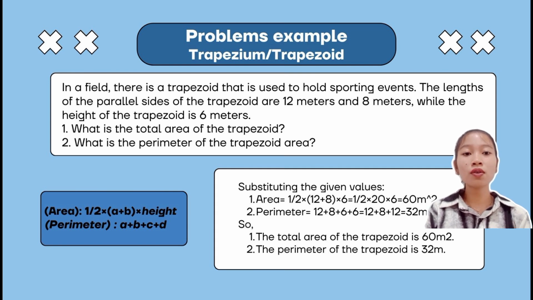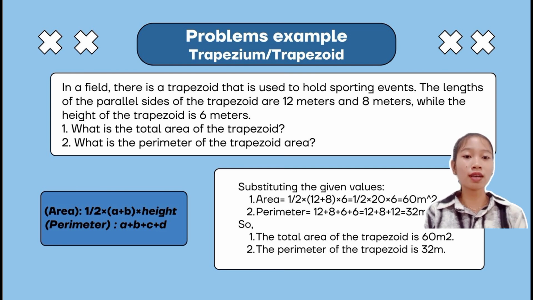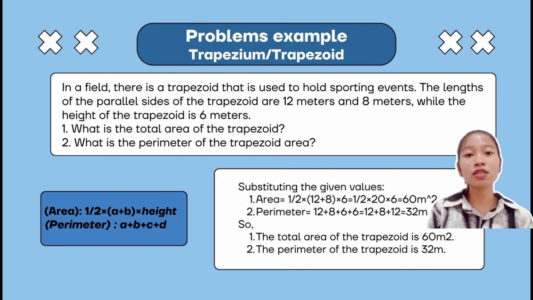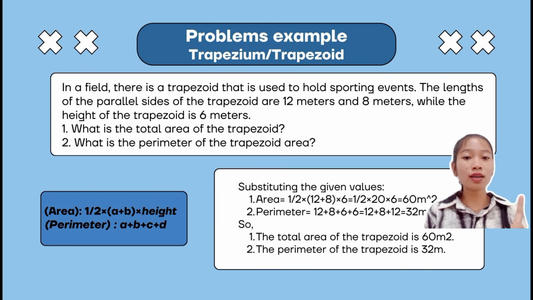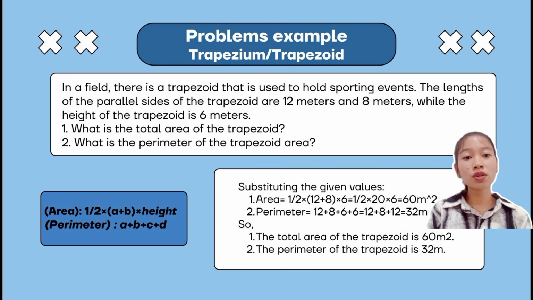Substituting the given values: one, area equals 1 over 2 times (12 plus 8) times 6 equals 1 over 2 times 20 times 6 equals 60 square meters. And two, perimeter equals 12 plus 8 plus 6 plus 6 equals 32 meters. So the total area of the trapezoid is 60 square meters, and two, the perimeter of the trapezoid is 32 meters.